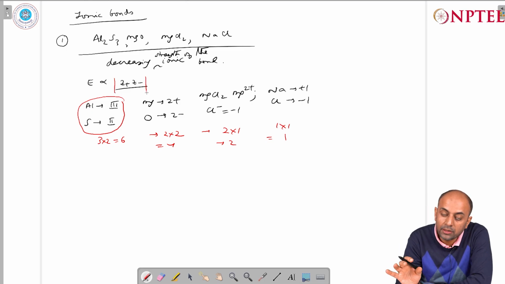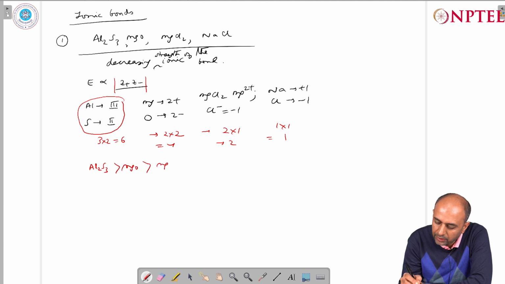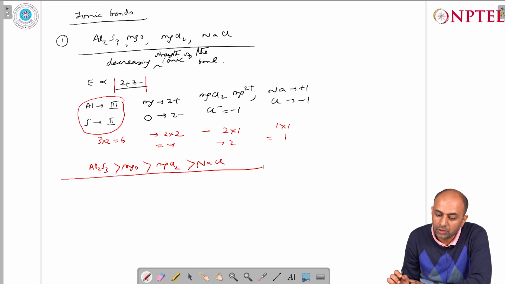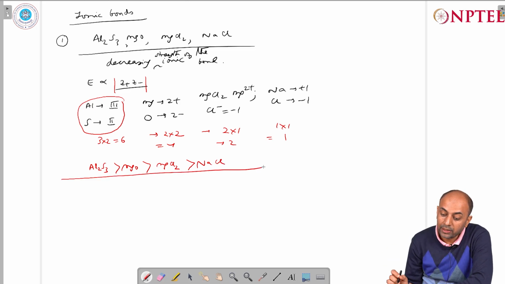So assuming that the internuclear separation R remains fixed, we can say that the ionic bond strength is greatest for aluminum sulfide, greater than magnesium oxide, greater than magnesium chloride, greater than sodium chloride. So this is the order of decreasing ionic bond strength.